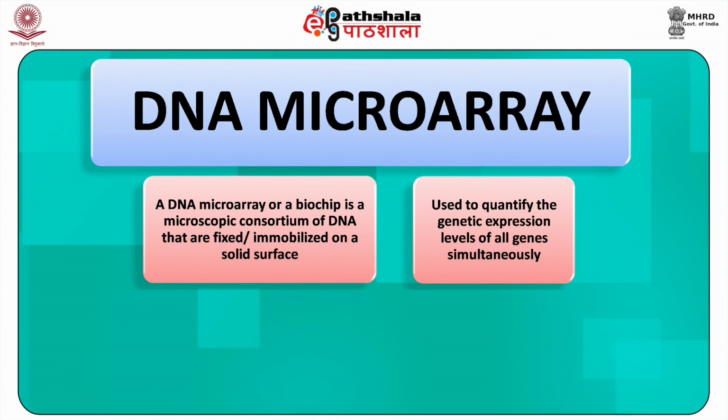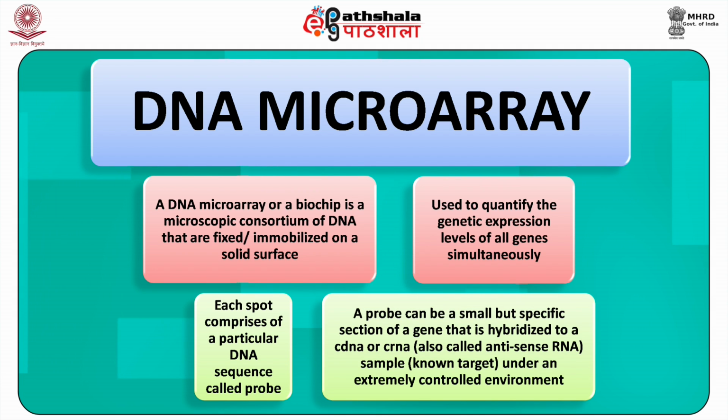A DNA microarray or a biochip is a microscopic consortium of DNA that is fixed or immobilized on a solid surface, which is used to quantify the genetic expression levels of all genes simultaneously. Each spot comprises a particular DNA sequence called a probe in picomolar concentration.